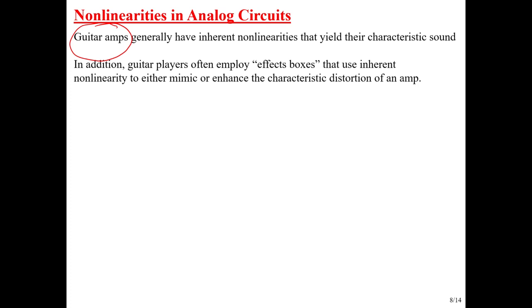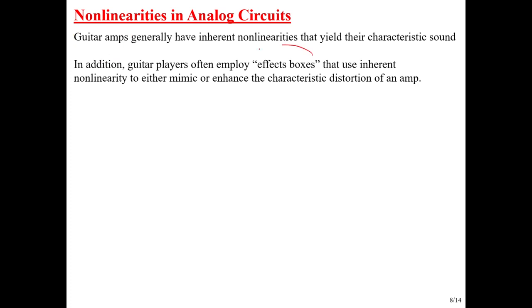So to understand what we need to do, we should understand a little bit about the nonlinearities that do occur in analog circuits. So, these nonlinearities occur in guitar amps, but they also occur in overdrive boxes, distortion boxes, fuzz boxes, things like that.